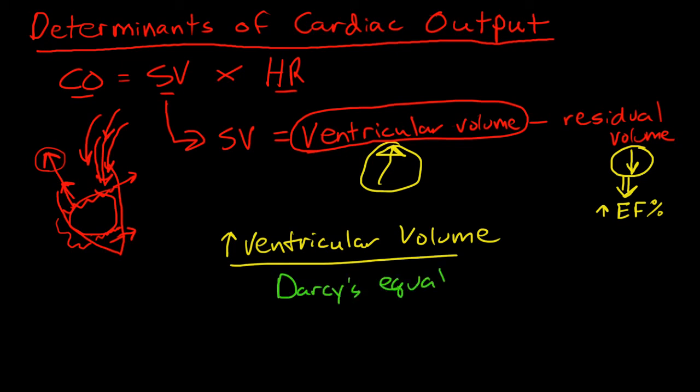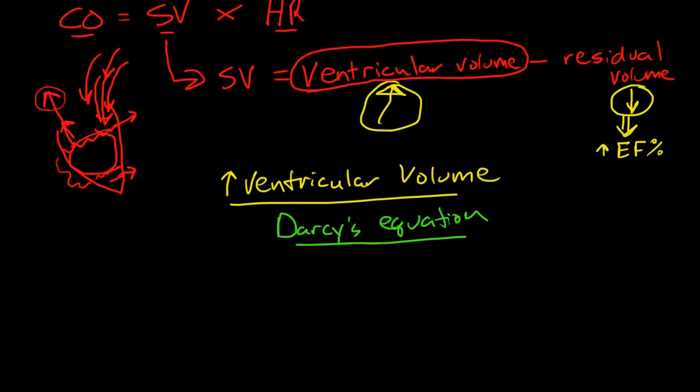Now, Darcy's equation, you don't need to have these equations memorized, I really just want you to understand the concept. Darcy's equation looks like this. It is flow equals pressure divided by resistance. Now in the body, of course, this is going to be blood pressure, and this is going to be peripheral artery resistance.